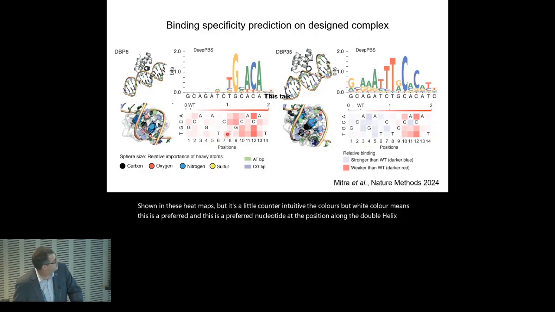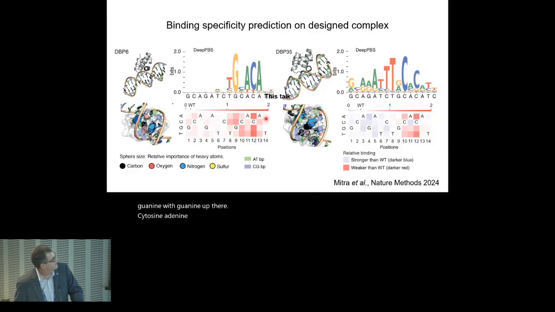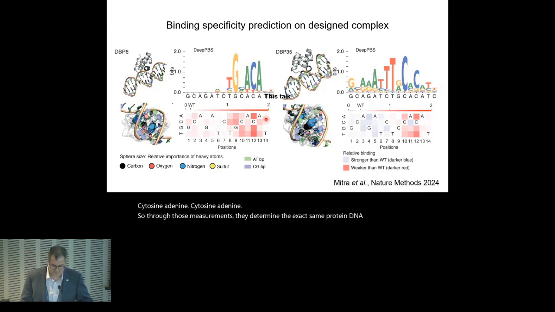So for this example, in position 8, we have a thymine. We have a thymine up there. Then we have a guanine. We have guanine up there. Cytosine, adenine, cytosine, adenine. So through those measurements, they determined the exact same protein-DNA binding specificity that our method had predicted.